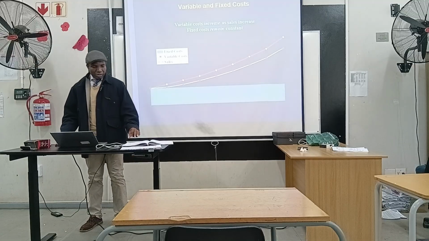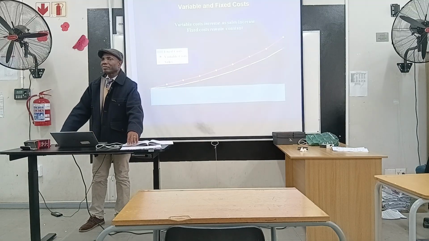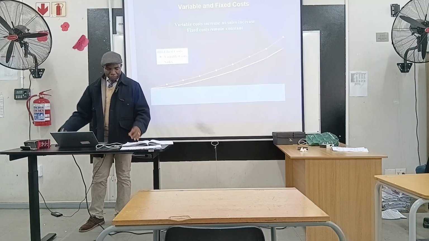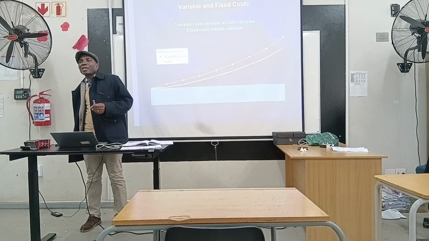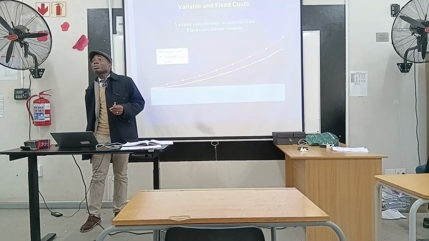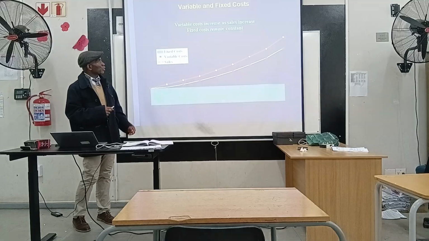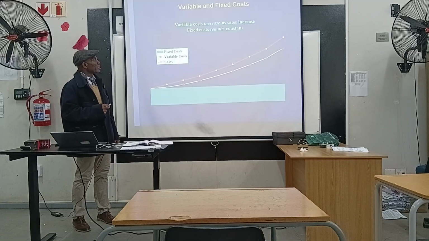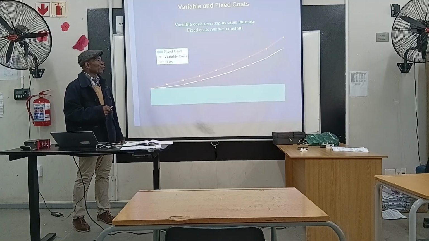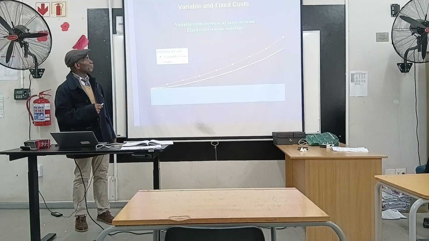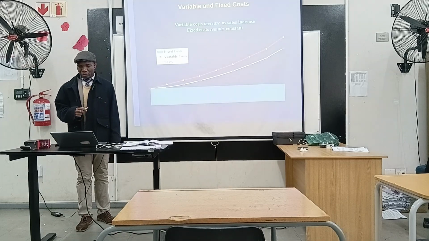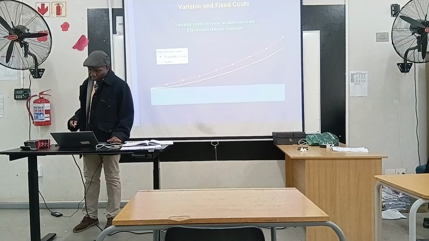For example, the cost of buying your materials, the cost of labor, it increases along with the sales. Have I explained it here? Variable cost. Okay. So the cost that increases along with the sales volume or the production volume is what we call or refers to as variable costs, right?